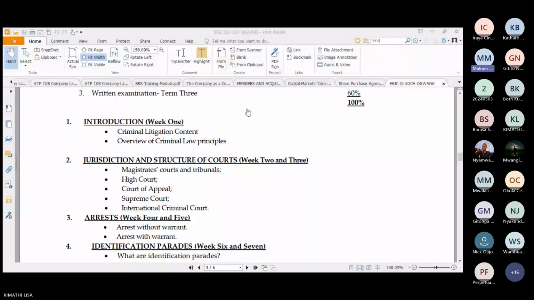So whereas we can use the judicial review way, whereby you will be required to rely on the Law Reform Act, that is Section 8 and 9, you can also be required to rely on Order 53 of the Civil Procedure Rules.